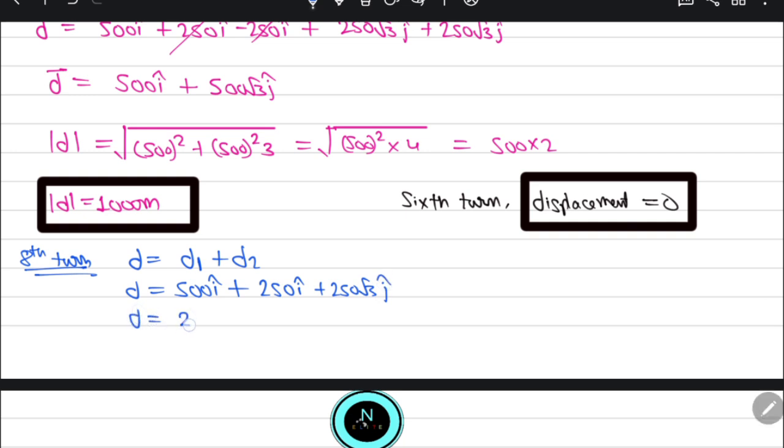So D is equal to 750 i cap plus 250 root 3 j cap. So their displacement we have to find.